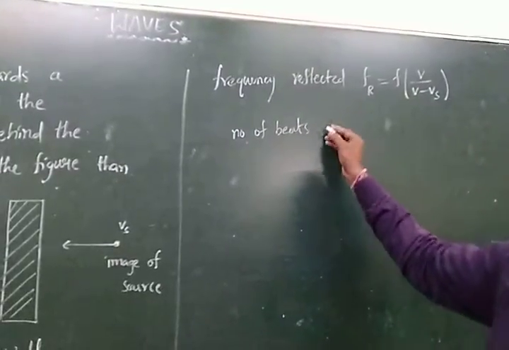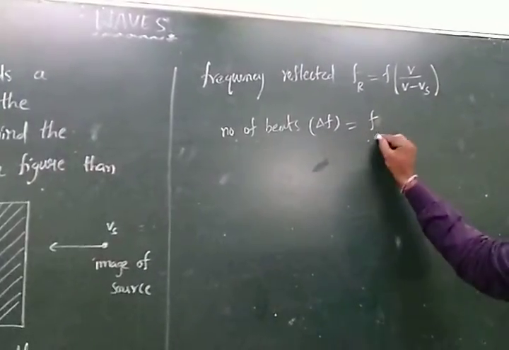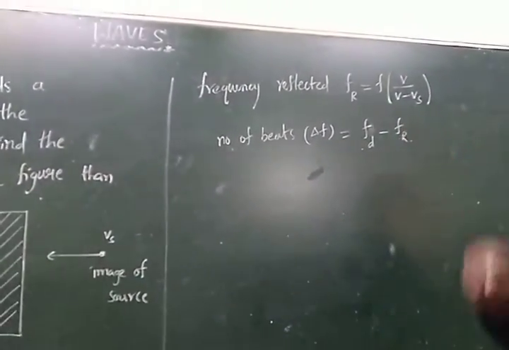Then the number of beats is denoted by delta F, the change in frequency: the frequency of direct minus the frequency of reflected.